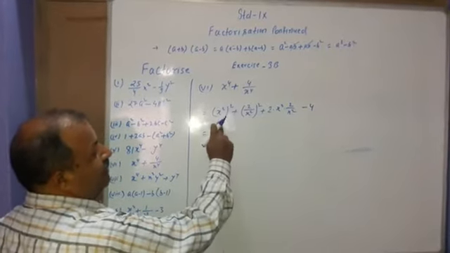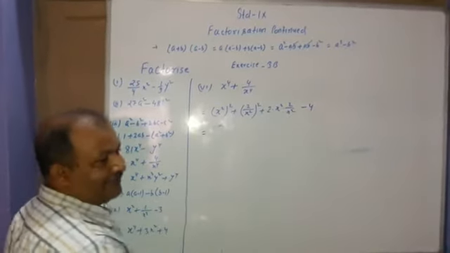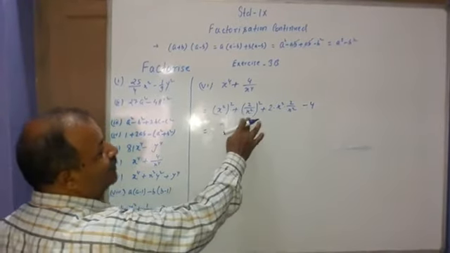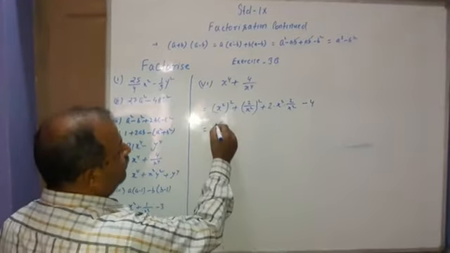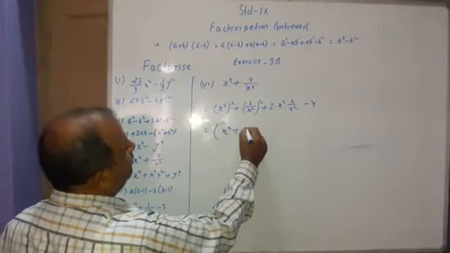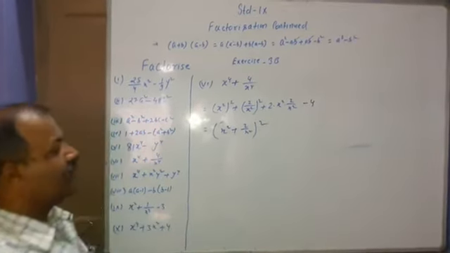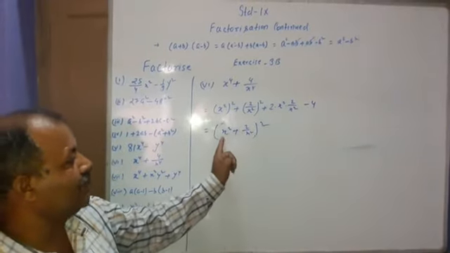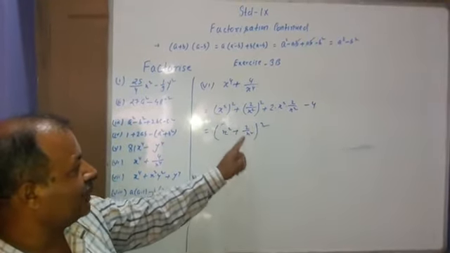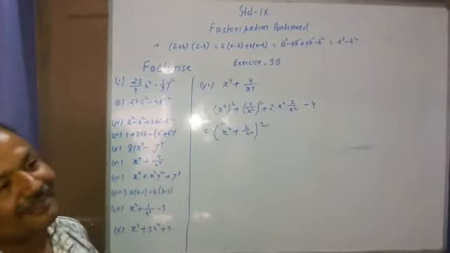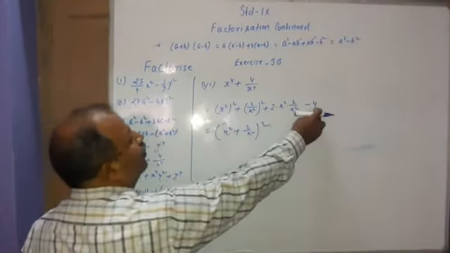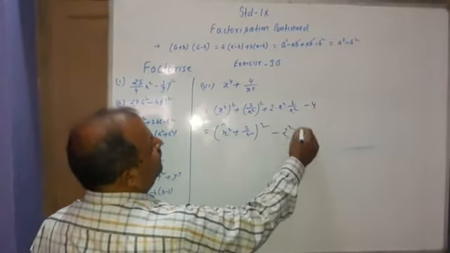Now it is of the form a square plus b square plus 2ab. Therefore we can write x square plus 2 by x square, whole square, that is the square of a plus b, with x square at the place of a and 2 by x square at the place of b. And this 4 will be written as 2 square.